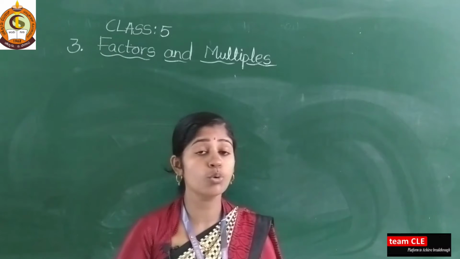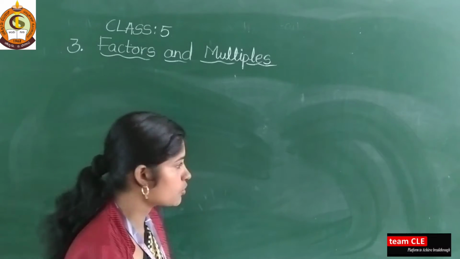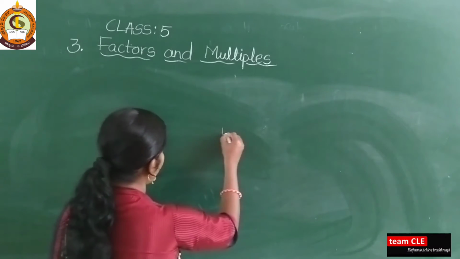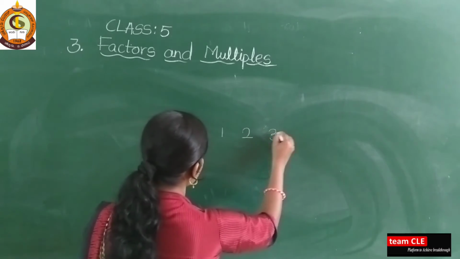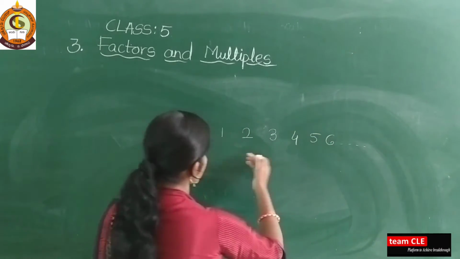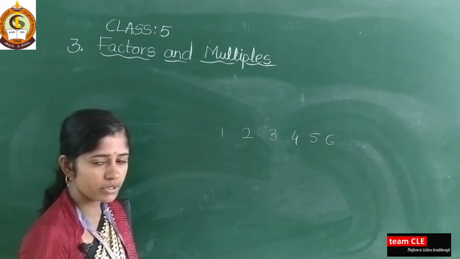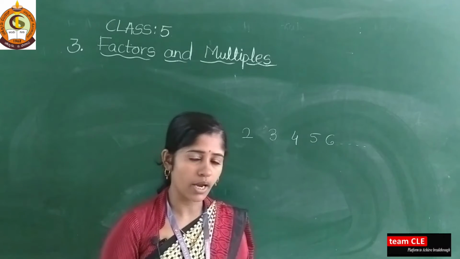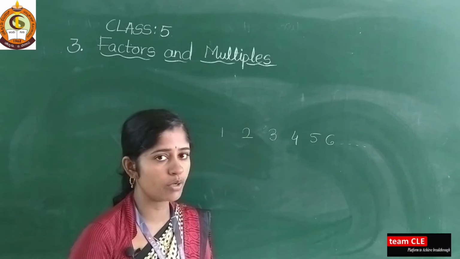Dear students, you know the natural numbers. The natural numbers are 1, 2, 3, 4, 5, 6, and so on. And also you know even numbers and odd numbers.